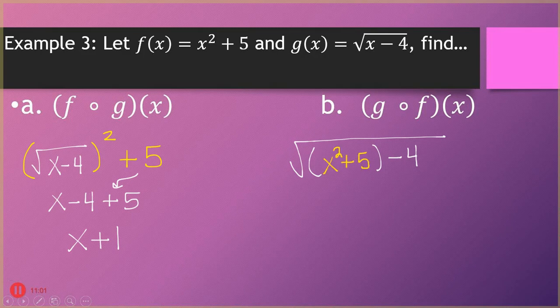Now in this example, we cannot cancel out the quadratic because we're taking the square root of more than just x squared. So we can't cancel it out. However, we can simplify it. So we end up with x squared plus 1 underneath my square root. This is not factorable, so that would be my final answer.